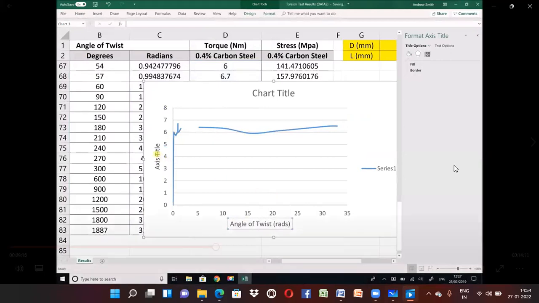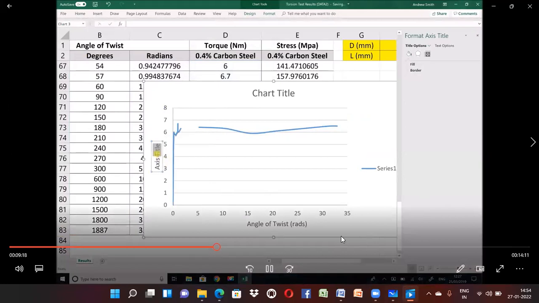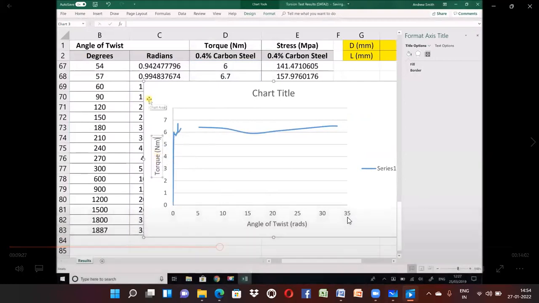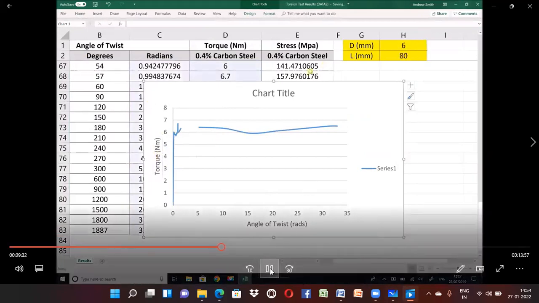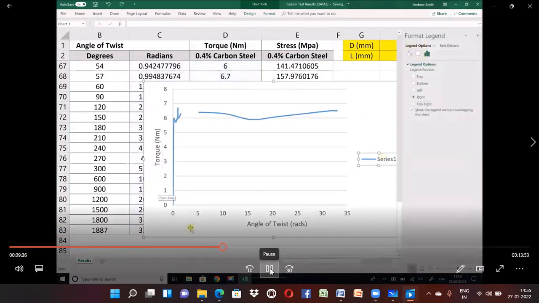And our y-axis is torque in Newton meters. Now, just so we have a little more space here, I'm going to remove the title. So we can see clearly here that the elastic deformation is complete after considerably less than 1 radian in terms of angle of twist. So let's modify this axis.